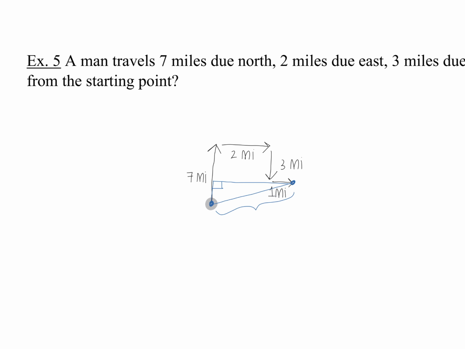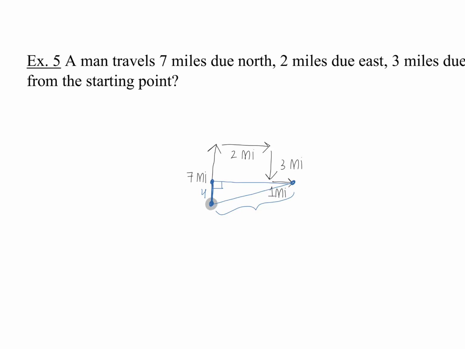Then I need to figure out the distance between these two. Well, if we went up 7 originally and then down 3, we get 4 when we subtract them. So we've got 4 here.